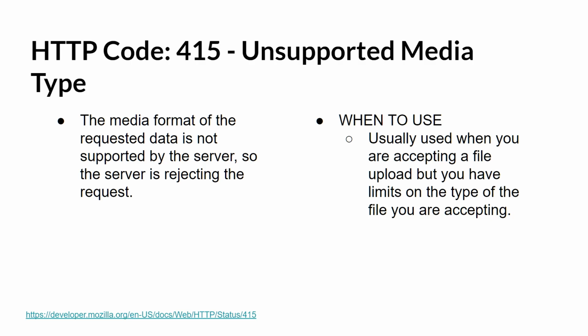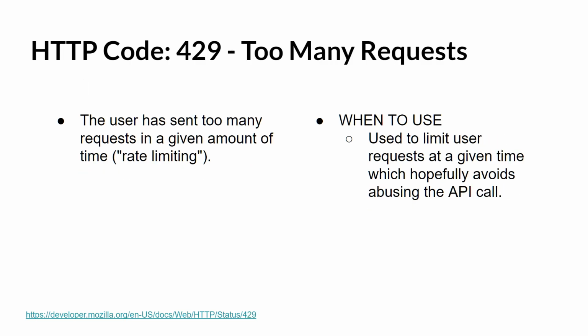So you can return 415 so that the user can rectify the request. 429 means too many requests. So that means you can return this error to tell the client to stop sending requests until a given amount of time. So this allows us to rate limit the requests and not abuse the API call.